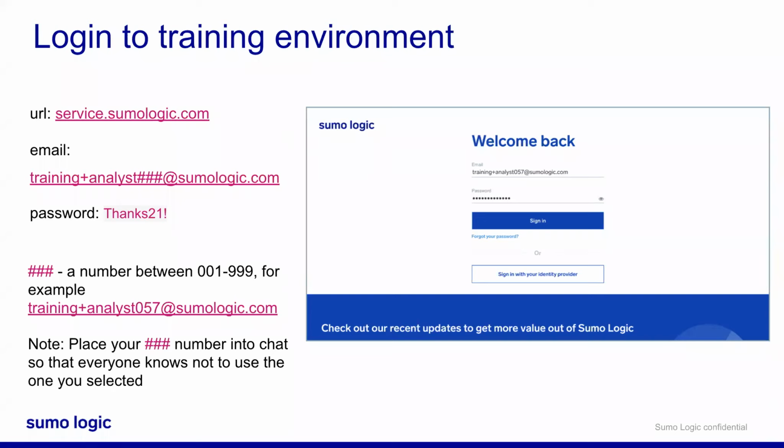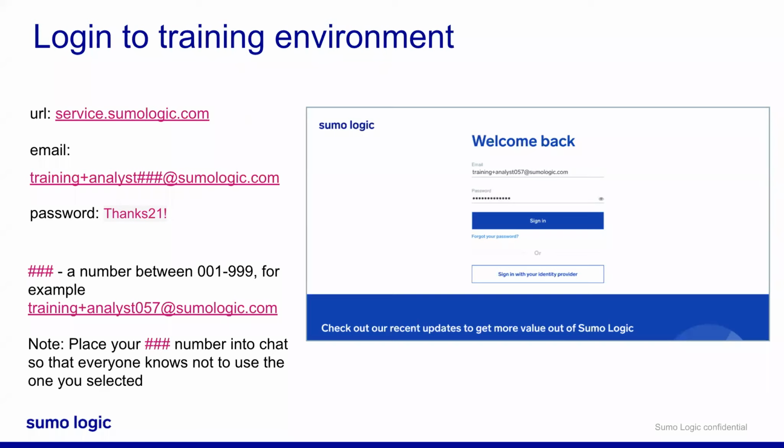The email will be training plus analyst number, and I want you to select a 3-digit number. So if you want to be 007, 444, 721, just pick a 3-digit number. And then the password, fingers crossed I set it up properly, should be thanks21 with an exclamation point. So capital T, H-A-N-K-S, 21, exclamation point.